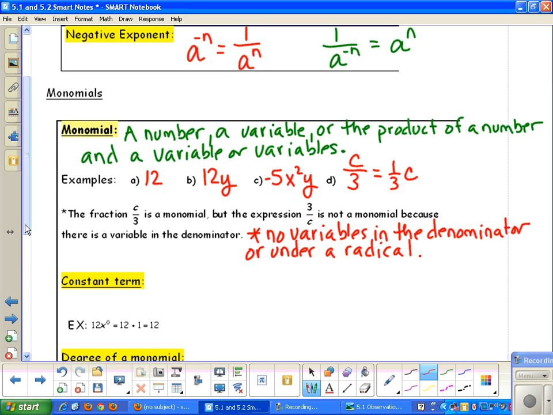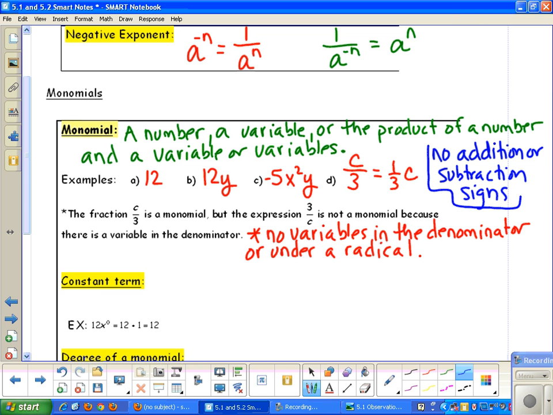And for monomial terms, also notice that there are no addition or subtraction signs. So I'm going to add that up here. So no addition or subtraction signs, because a monomial term is just one term that you have.